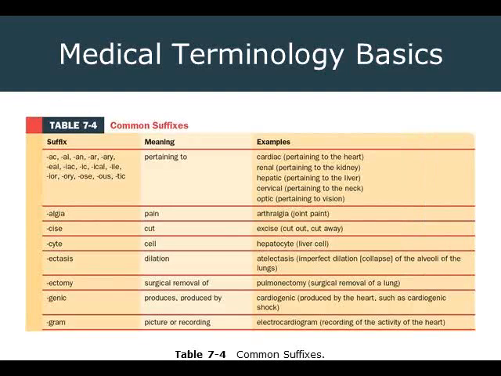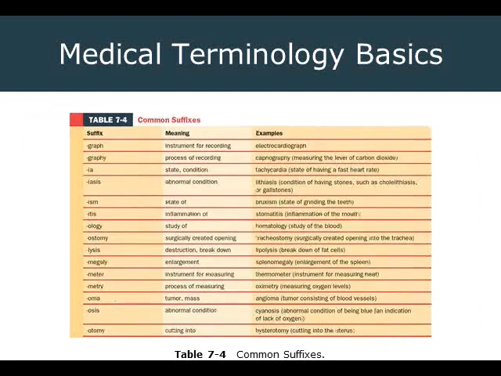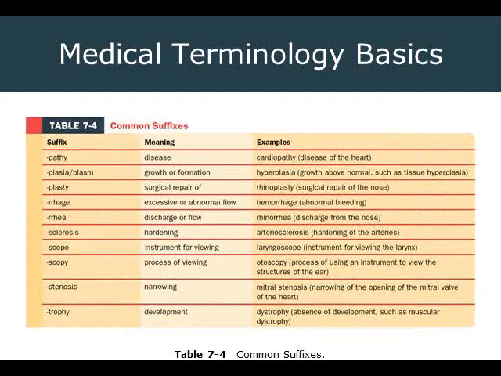So some examples might be, they got tons of them listed here: algia, pain; cyte, cell; ectomy, removal; gram, a picture of; graph, an instrument for recording; graphy, the process of recording; ostomy, which is a surgical opening; oma has to do with tumors; otomy, cutting into; pathy, disease. And they have lots of examples listed there.